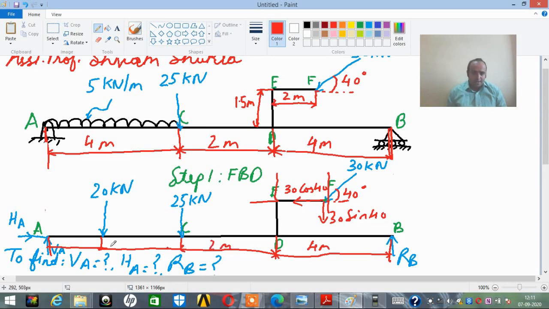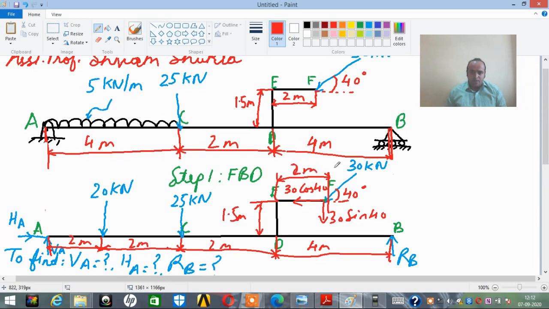Since the load is acting at the center, friends, it is 2 meter over here and 2 meter over here. This is 1.5 meter, 1.5 meter. Even over here it will be 2 meters.